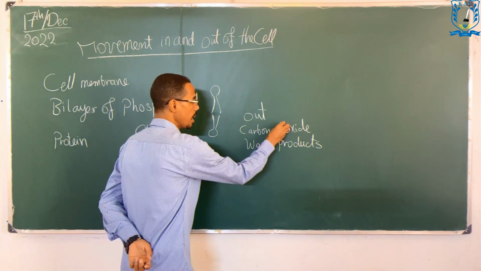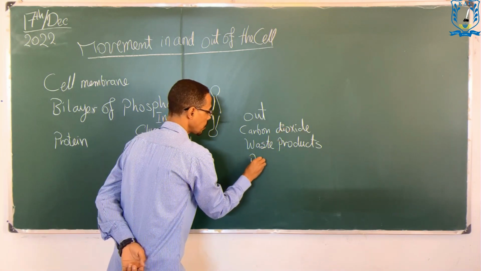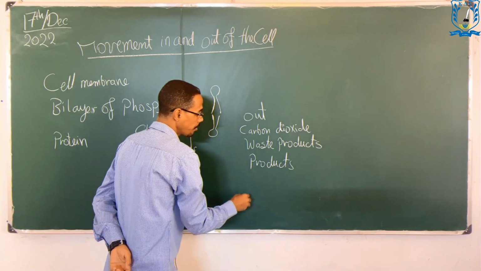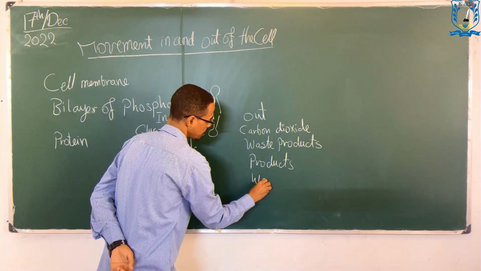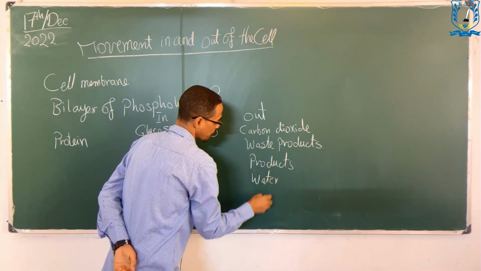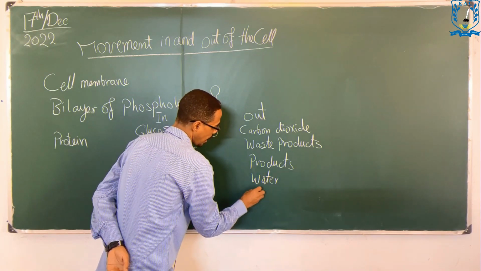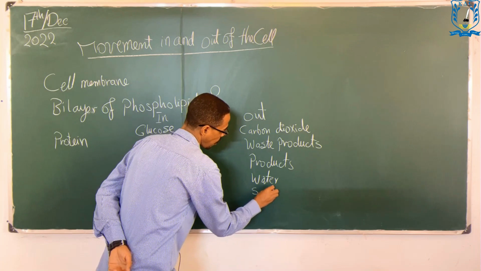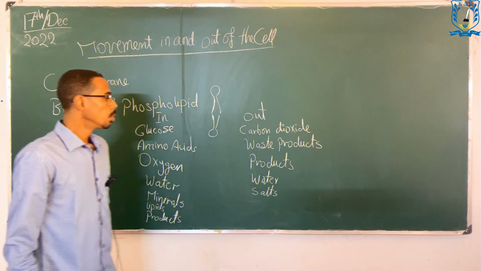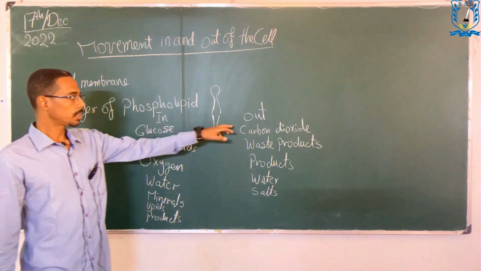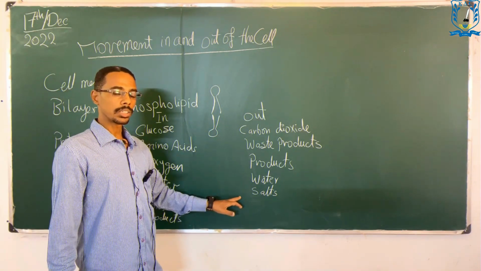And maybe this cell is secreting a product. And then excess water, if the water has increased beyond the normal limit, it should leave. And excess salts. So these are the substances that must get inside the cell, and these are the substances that must get out of the cell.